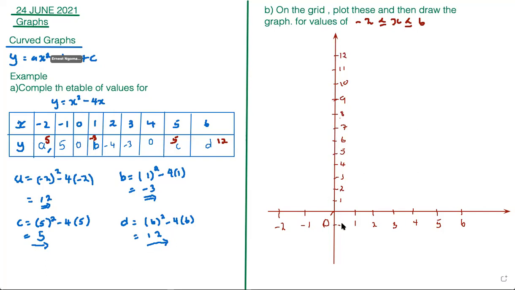Then here we have -1, -2, -3, and -4. So we came up with our Cartesian coordinate system. You put your x-axis here, and you label your y-axis there.